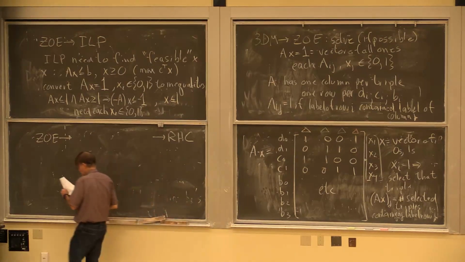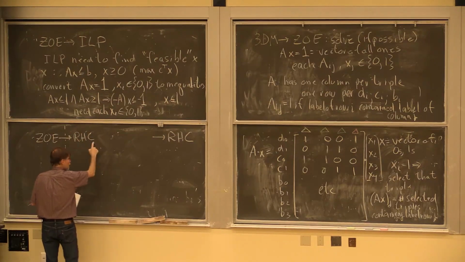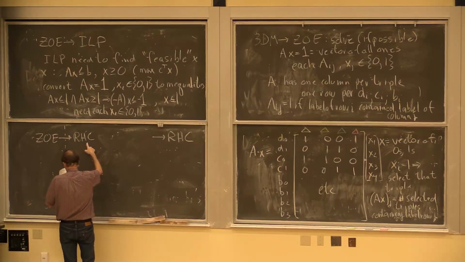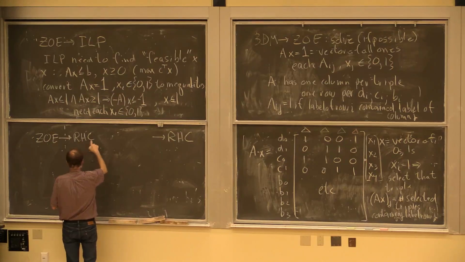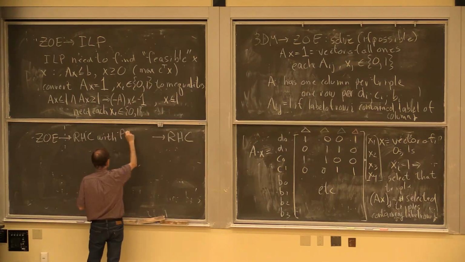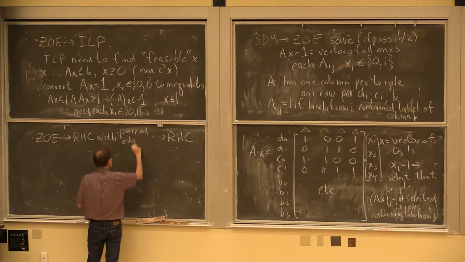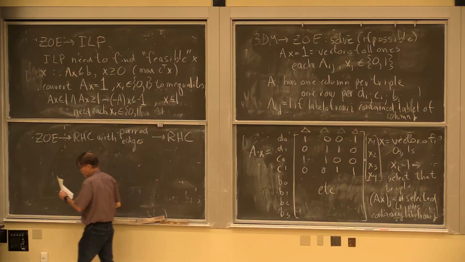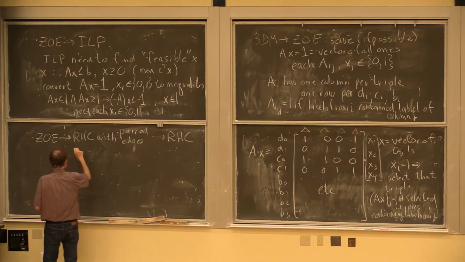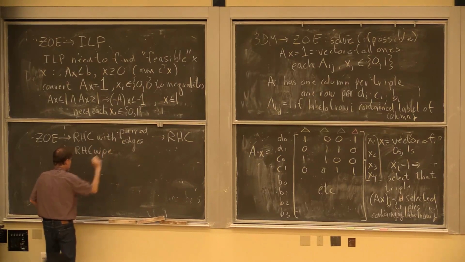So the intermediate problem that we're going to go to first is Hamiltonian cycle with paired edges, which I'll explain in a moment. And so I'm going to call this a shorthand HPE, Hamiltonian cycle with paired edges.